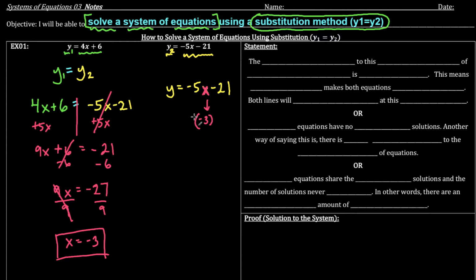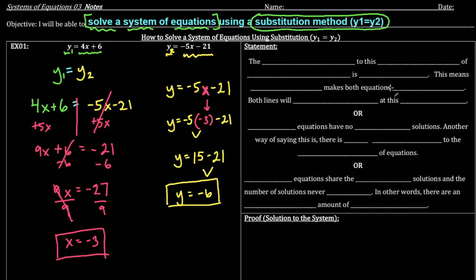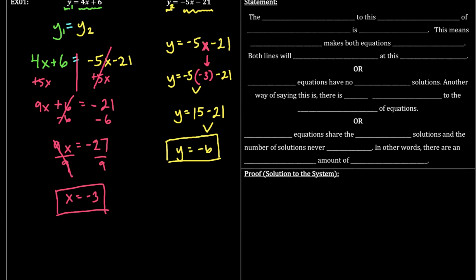So y equals negative 5 times negative 3 minus 21. A negative times a negative is a positive 15, minus 21. So y equals negative 6. Cool. So my solution will be negative 3, negative 6.